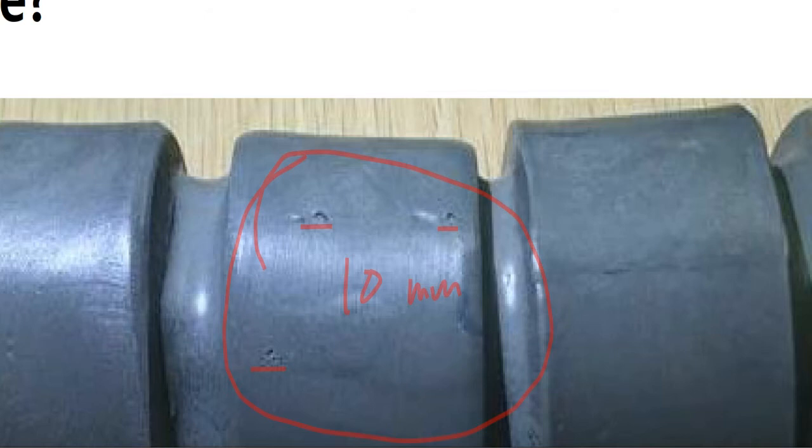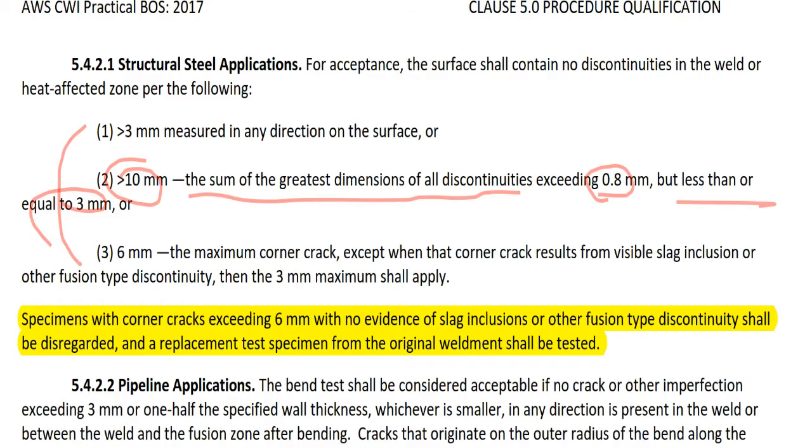But if the sum of the length of these three discontinuities is less than 10 millimeter, for example 8 millimeter, then this is not a reject. This was number 2.